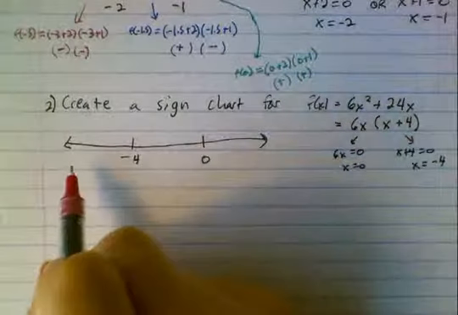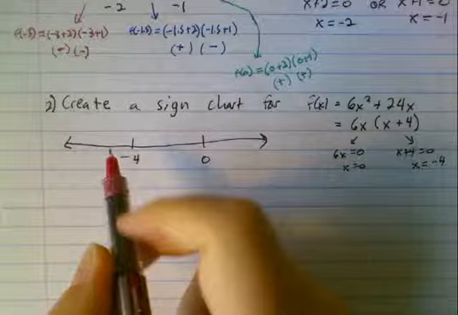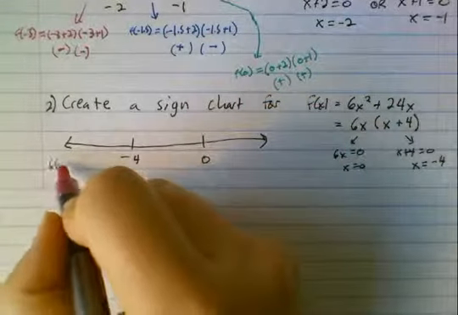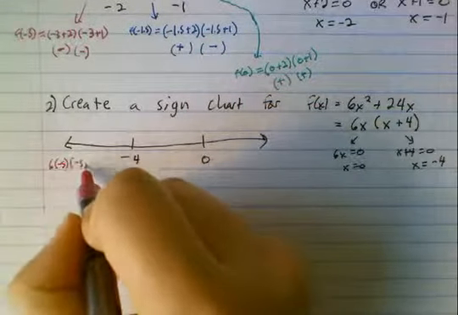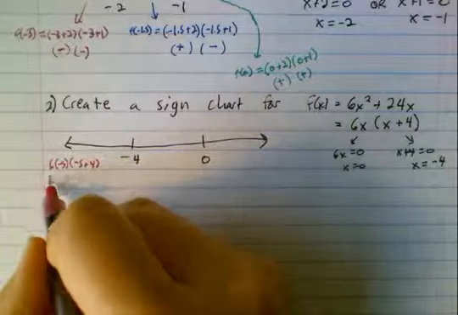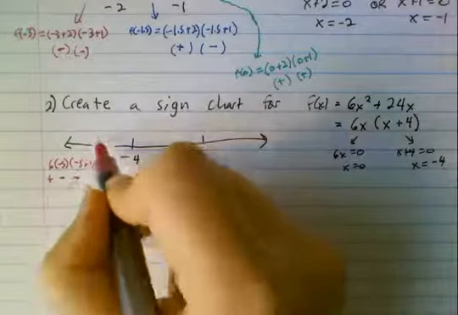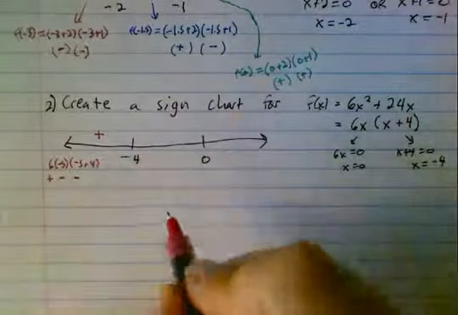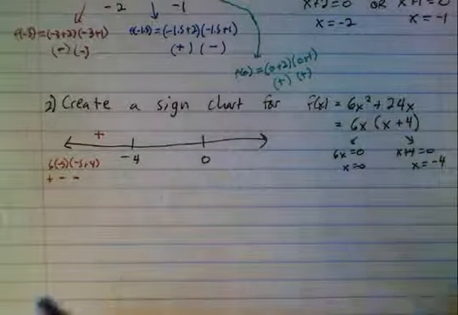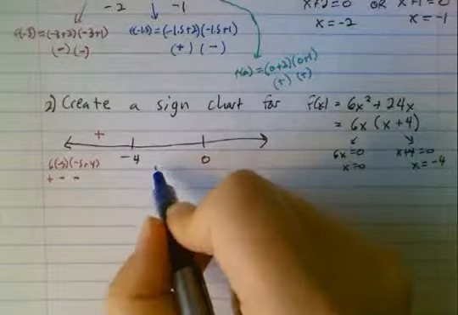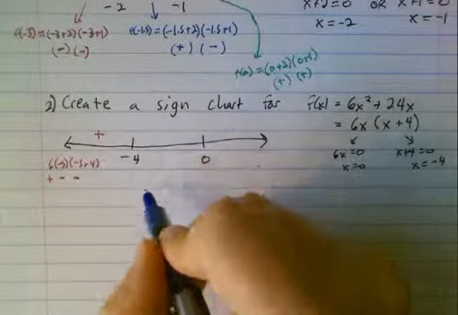Now we just pick a number smaller than negative 4, so let's say negative 5. So we've got 6 times negative 5 plus 4. This is a positive, this is a negative, this is a negative. Negative times a negative is a positive. Between negative 4 and 0, let's call that negative 1. You could have picked negative 2, negative 3, any number between negative 4 and 0.